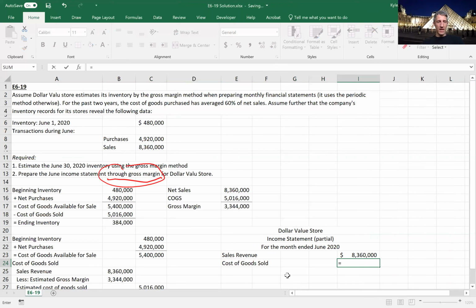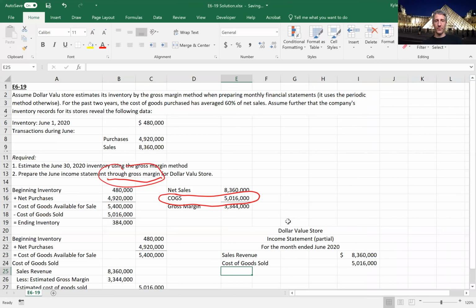We calculated that in several different places, but here, calculated cost of goods sold was $5.016 million to arrive at gross margin. Sales minus cost of goods sold, $3.344 million.